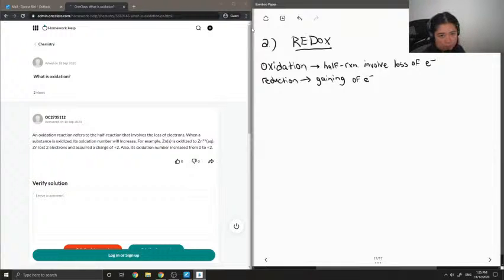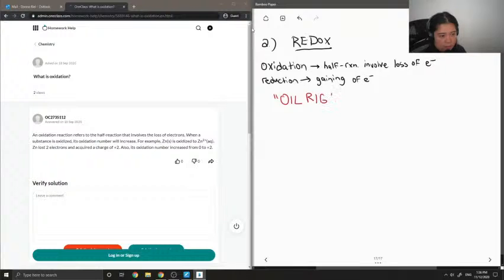So there are different ways people try to remember which one is which, like which one loses electrons, which one gains. So there are different ways to remember.